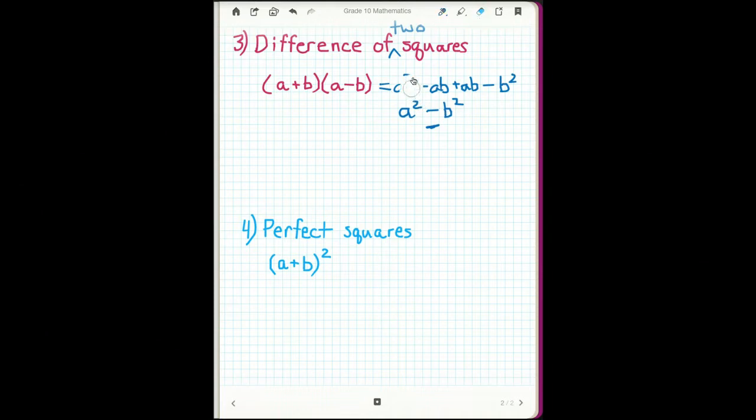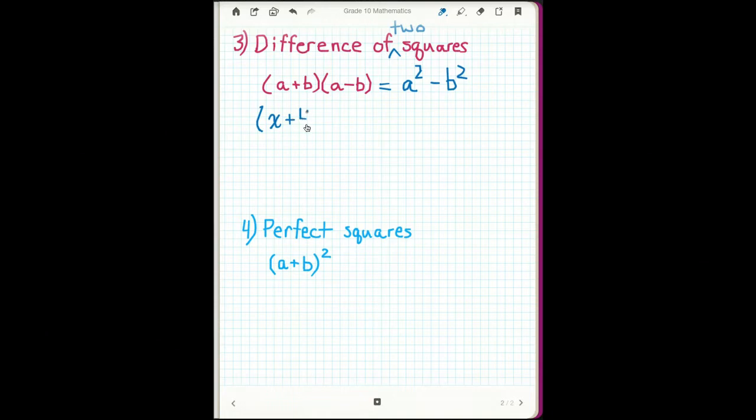And in fact, this comes up so often, we just write it as a single pattern here and memorize that as a pattern, so we don't have to do the FOIL all the time. We can take the shortcut. When we have exactly this setup, two identical numbers out in front, two identical numbers at the back, one with a plus sign, one with a minus sign, we can simply write the first one squared minus the second one squared.